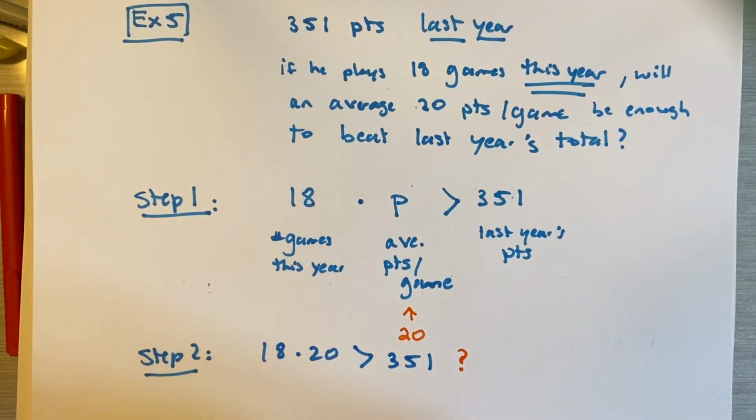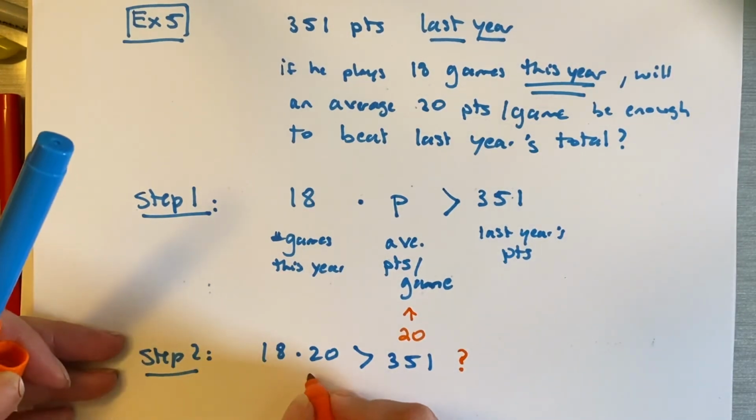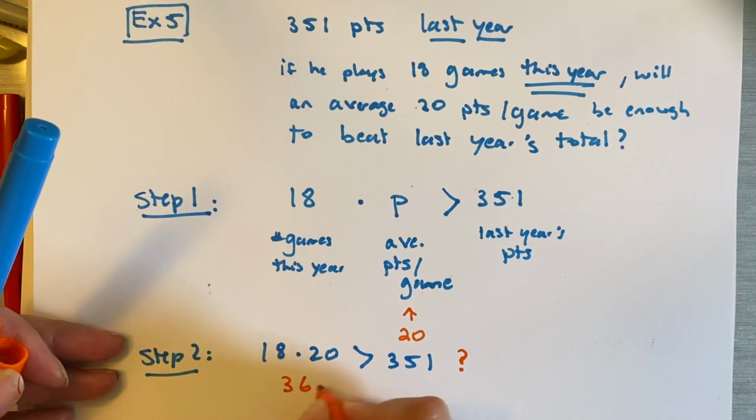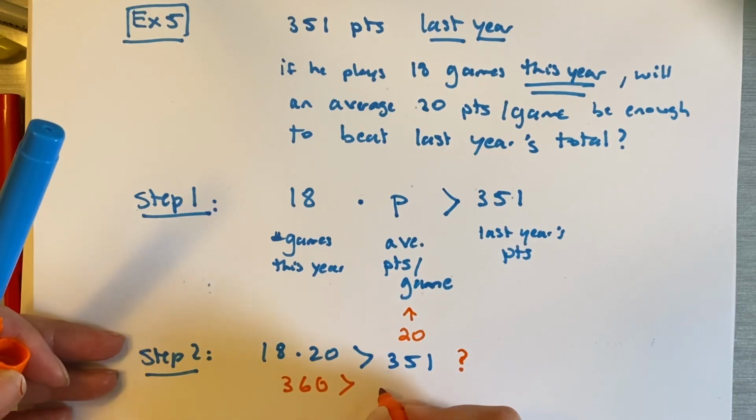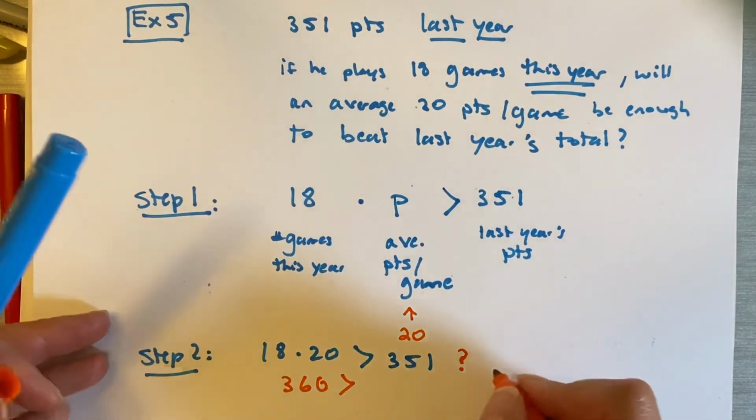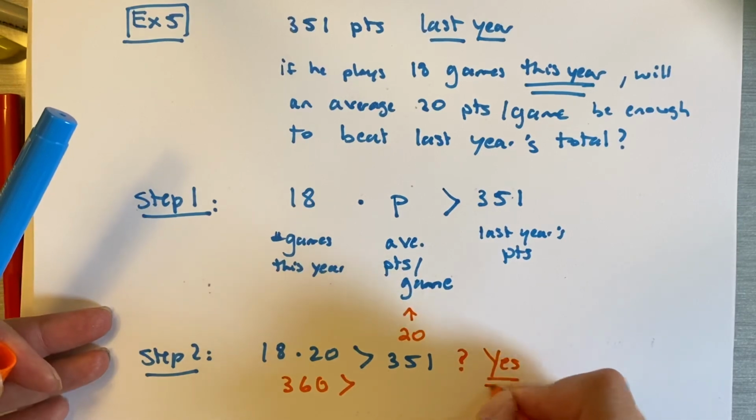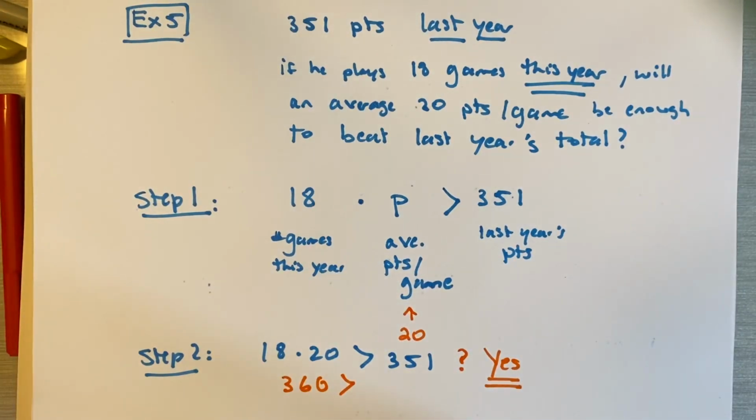Well, 18 times 20 is going to give you 360. Is 360 greater than 351? Yes, indeed. And so if this year he knows he's got to average 20 points per game, he can beat last year's points. All right, that is the end of this lesson.